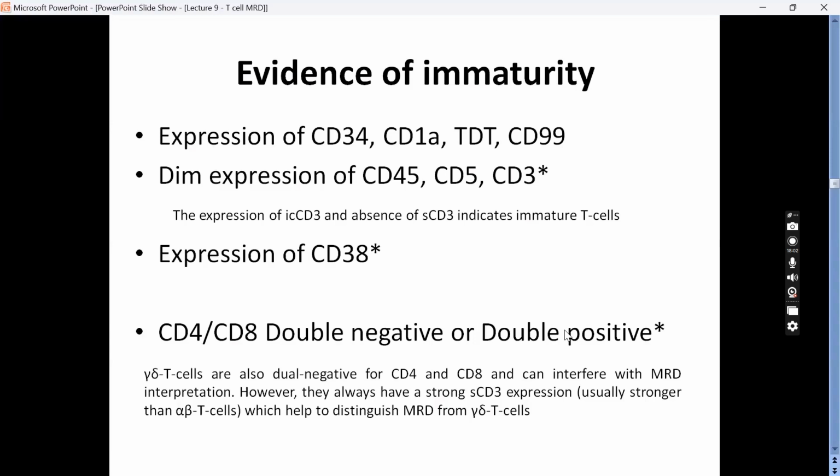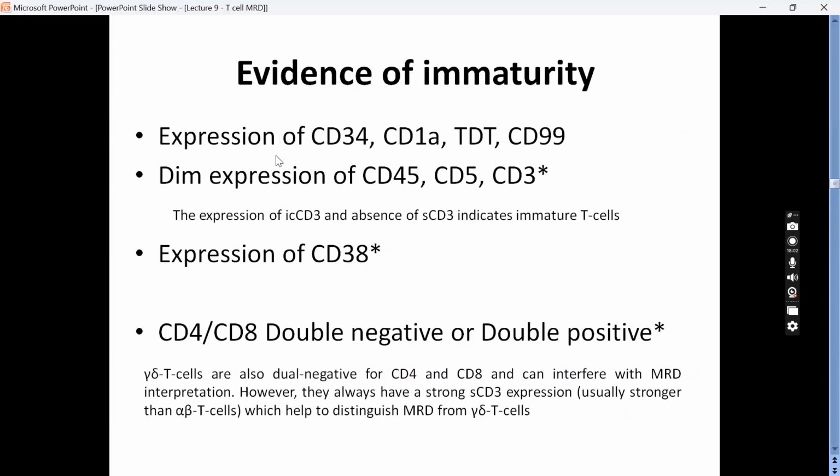And later, when they go for positive selection, they have to select either 4 or 8. So cells which have selected 4 will lose 8, and cells which have selected 8 will lose 4. And then as they become completely mature, they'll express either 4 or 8.